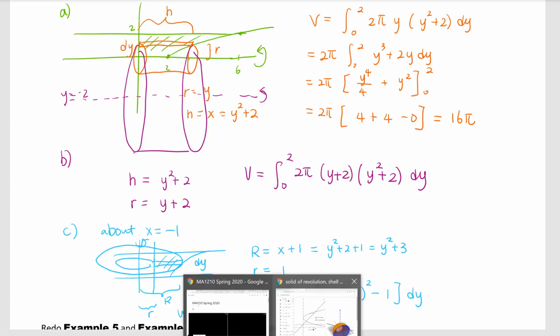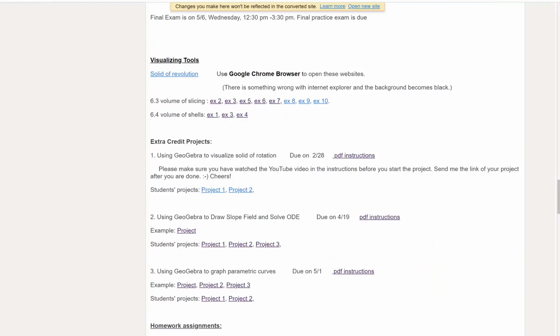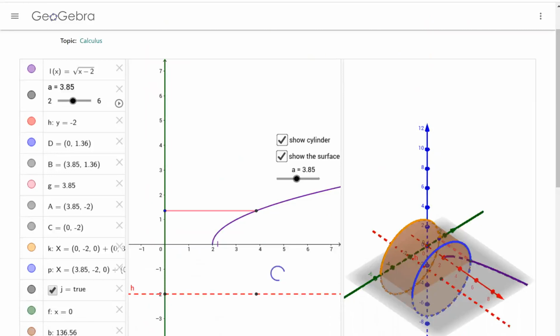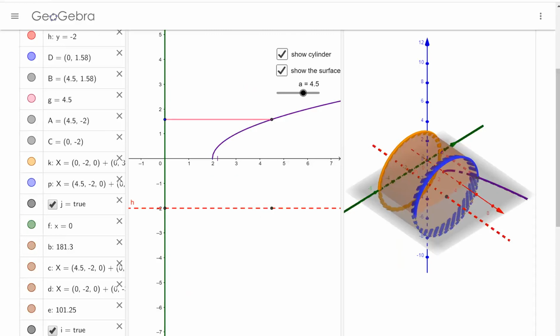And so we still have, let me show you. Okay, this is the example we just did, and you can see this is the solid it generates. This is the cylinder. Can you see this solid?